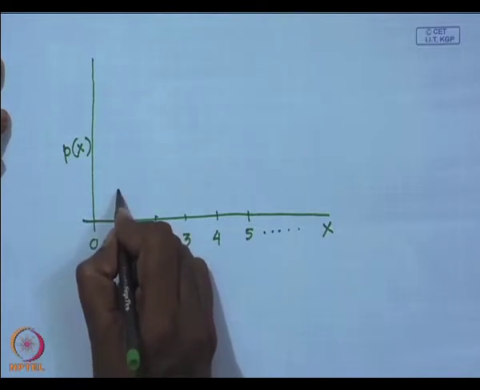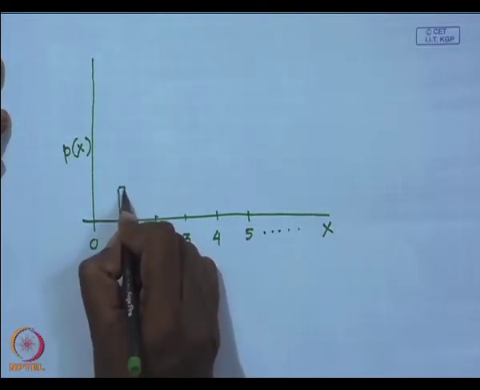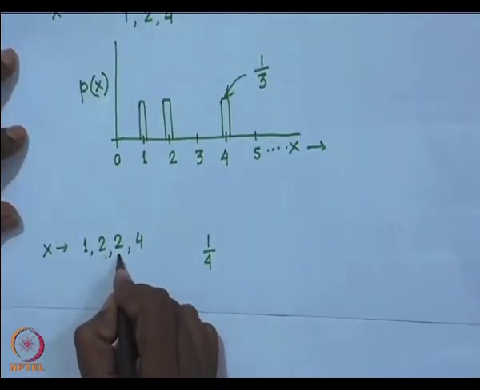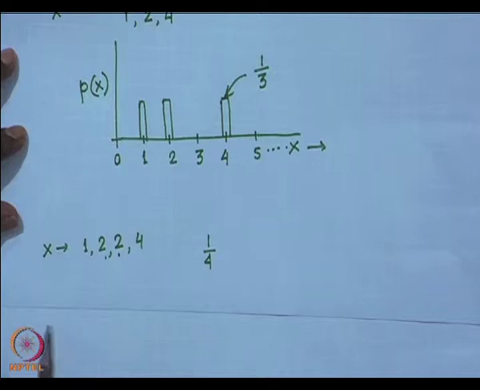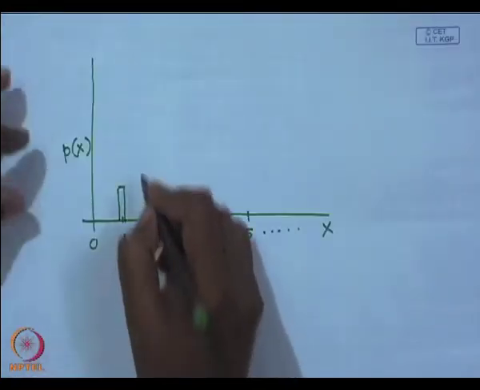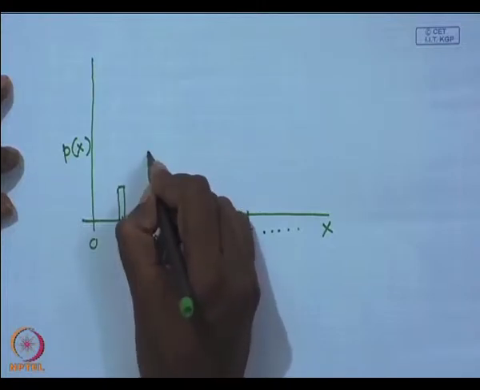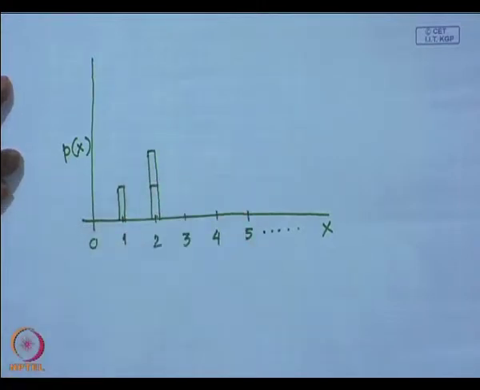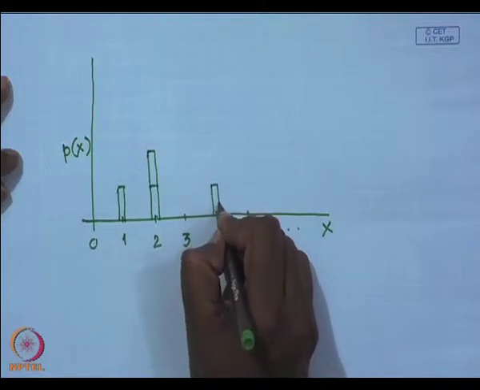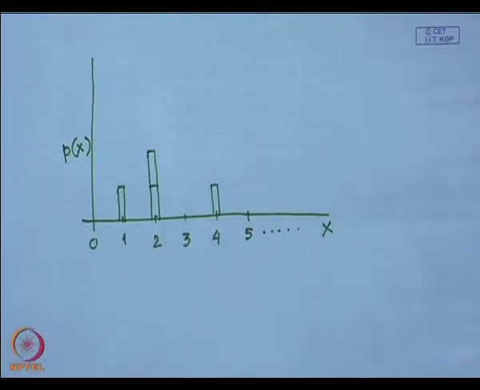So, I have one delta function at location 1, I have 2 delta functions at location 2, because you see that I have 2 samples of x, both of them having value 2. So, I have 2 samples at location 2. So, the height of this delta function has to be double, and I have one sample at x equal to 4. So, this is the kind of situation that I have.